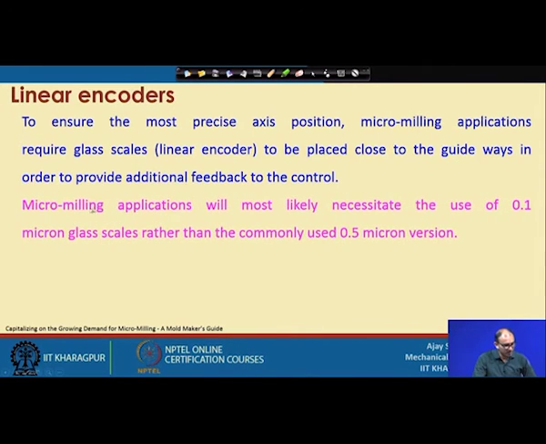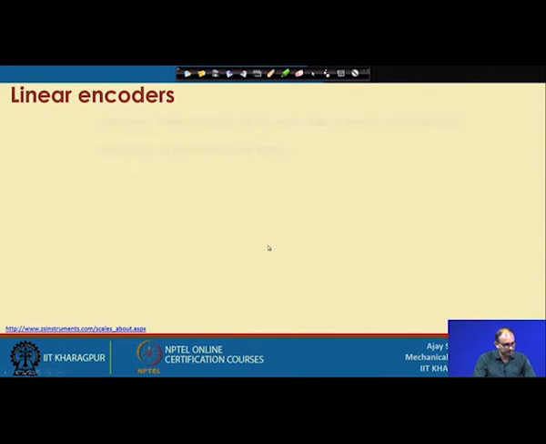In micromilling, it is mostly necessary to use a 0.1 micron glass scale rather than the commonly used 0.5 micron version, because if you are using a linear drive, your system itself has a very high resolution. With 0.5 micron, you are not getting all the benefits of your very costly system. So, better to go with the 0.1 micron.